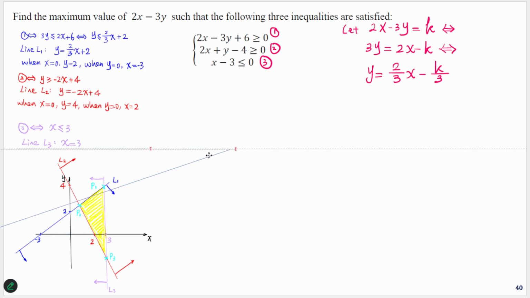So this line can move vertically up and down, but with the same slope, right? So the question really asks where x and y should be within the shaded region such that we have a maximum k value, right?